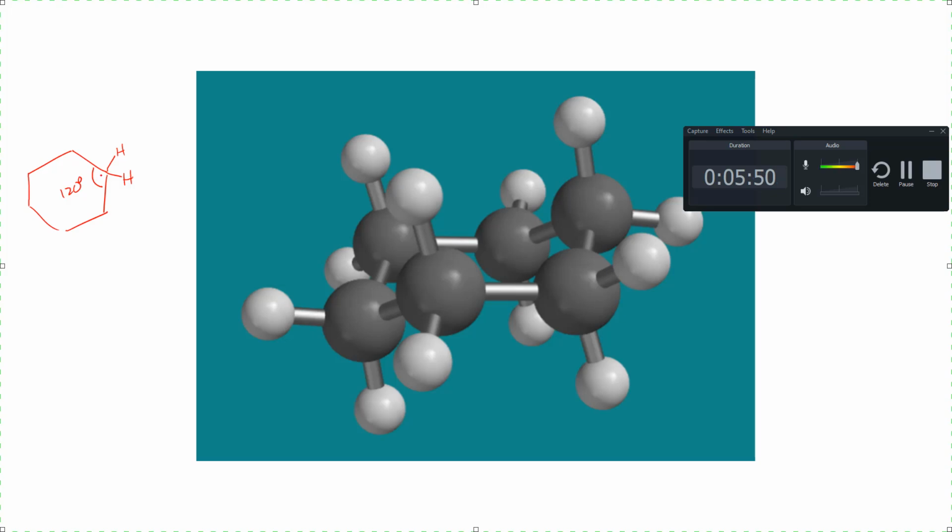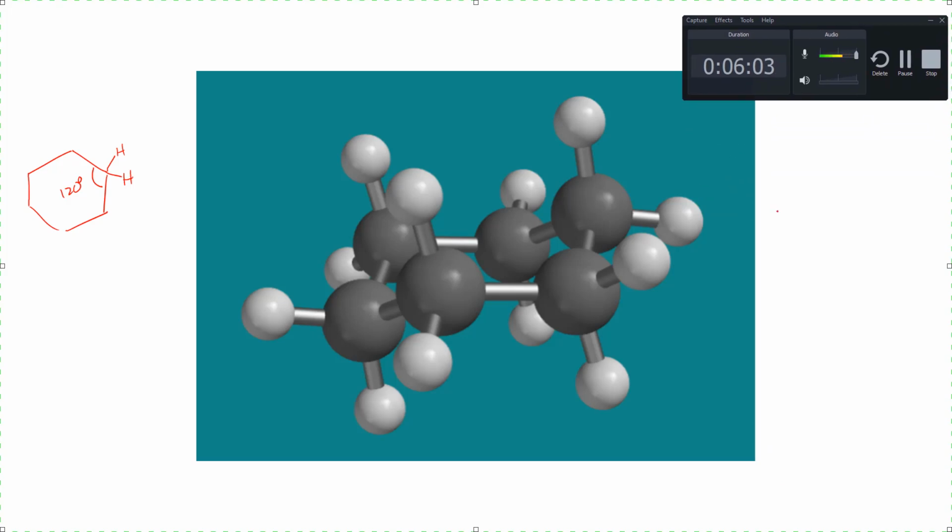But instead, what happens is that we haven't overshot the bond angle. Instead, this ring also puckers. And this shows you an example of what is called the cyclohexane chair conformation.